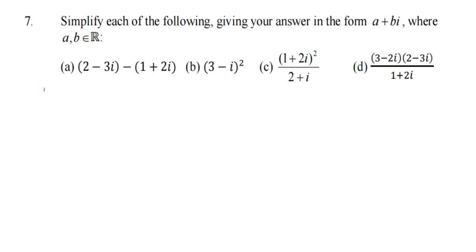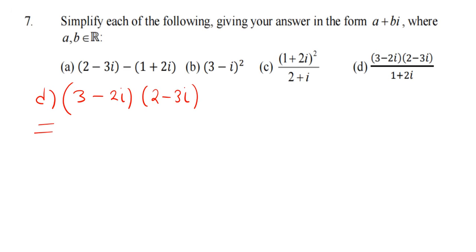So for D, we have 3 minus 2i over 2 minus 3i. Okay, let's first solve the one on top. We just expand it in advance, so that we're just going to replace by the denominator later on once we find the answer.